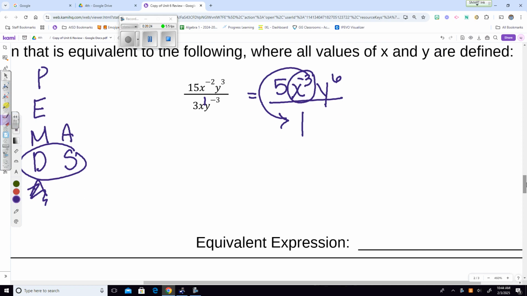So your final answer here is 5y to the 6th divided by x to the 3rd. What questions do you guys have? Are we okay? Okay.